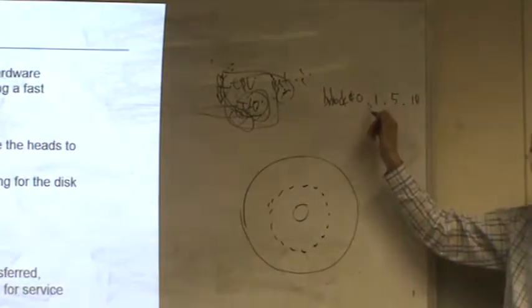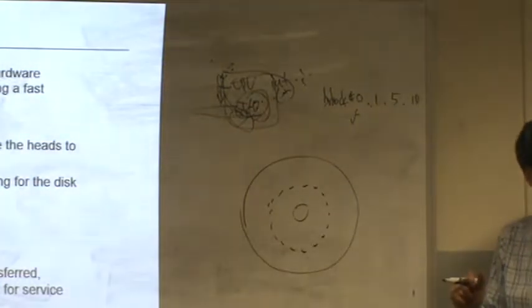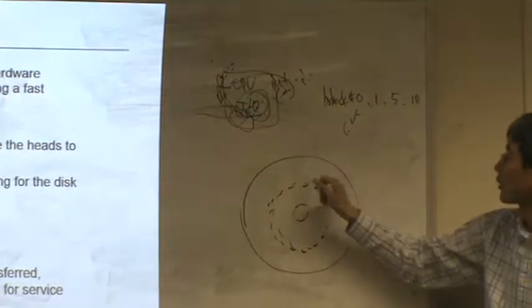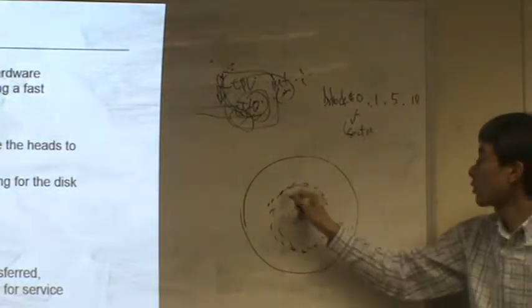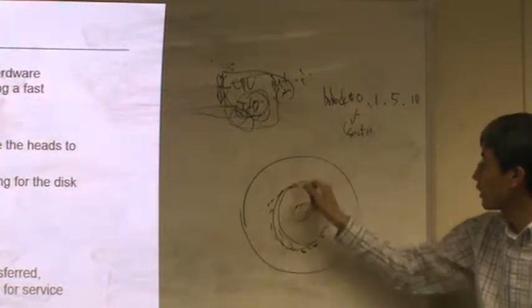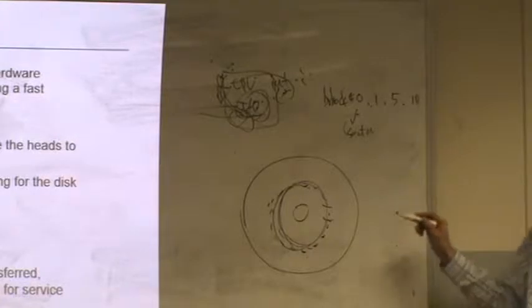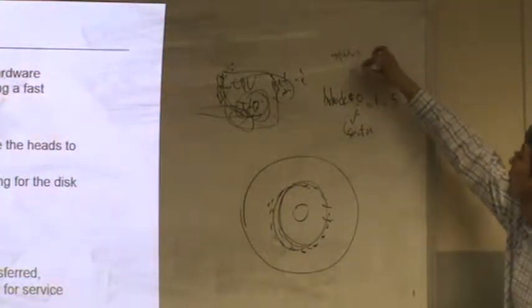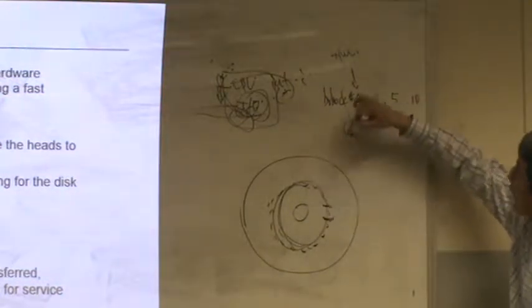This will actually be converted to a sector number, a specific track and sector number. The symbolic address is converted into the sector number and block ID.